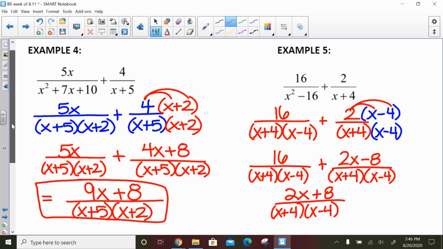Okay, now the top can be factored again. There's a greatest common factor of 2. So I'm going to factor a 2 out here and get x plus 4. So I'm dividing the 2x by 2 and the 8 by 2.